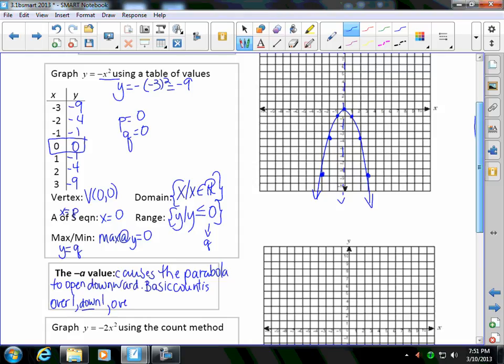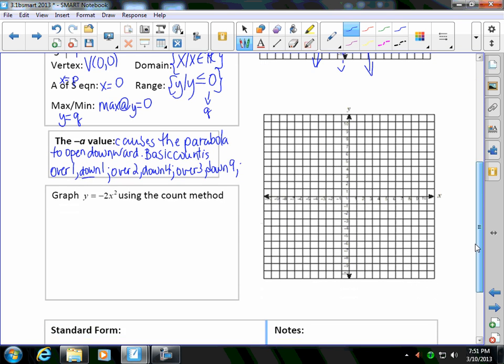Over 2, down 4, and then over 3, down 9, and so on. It would just keep going on. So you're still squaring the value if it's just a 1, but if it's a negative, it's going to go down instead of up.